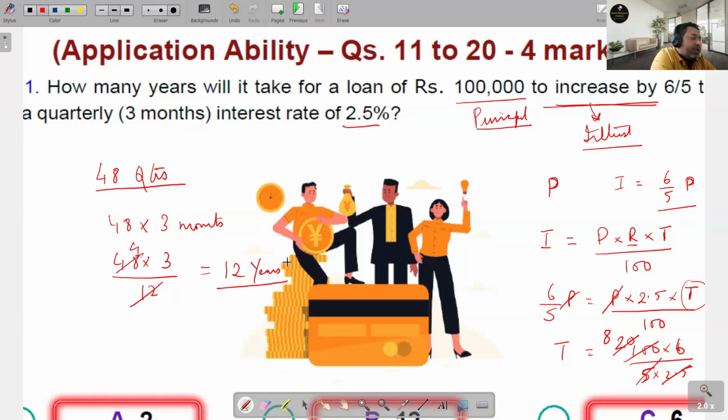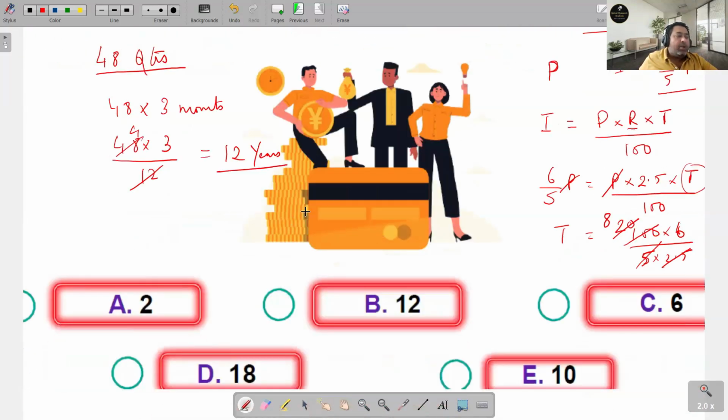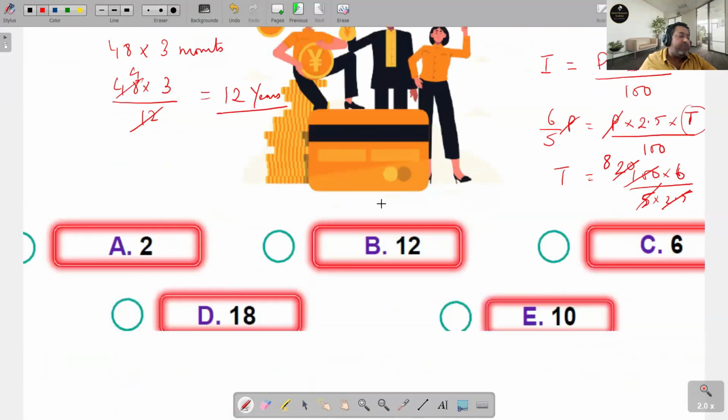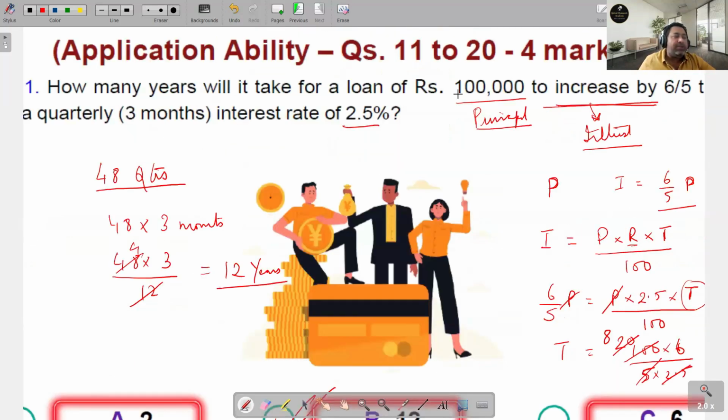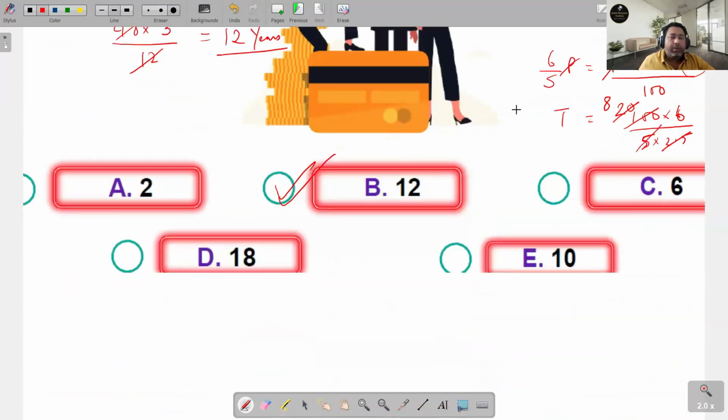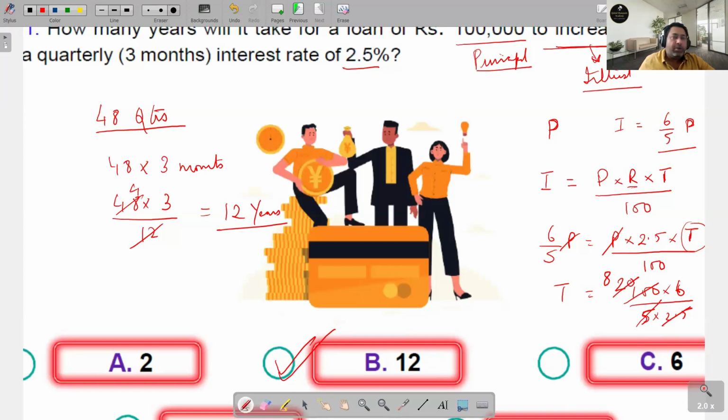It will take 12 years for the loan to grow by, or have an interest of, 6/5 times the principal amount. So your correct answer here is option B, which is 12. So you see that in this question, the principal is immaterial actually. The amount is immaterial. All right, we did not use that amount at all. All right, so let's move on to the next question.